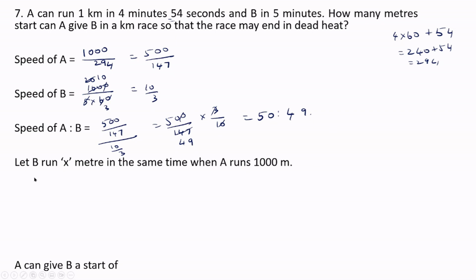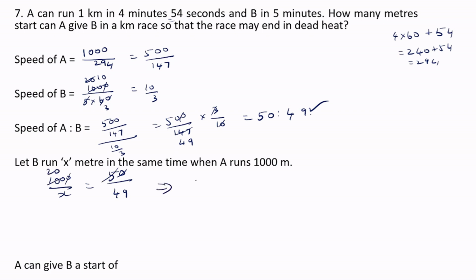And now let us assume let B run x meters in the same time when A runs 1000 meters. So from this we have speed of A is to B as 1000 by x. This is equal to this ratio 50/49. So this will go 20 times.